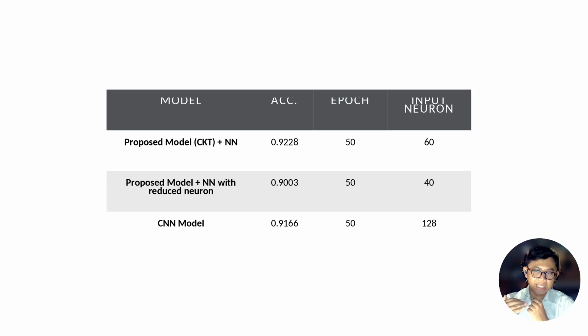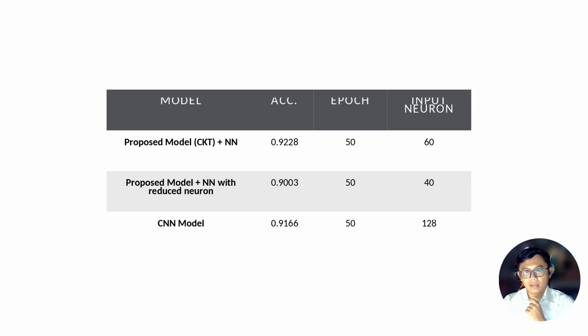This is very huge, twice our proposed model's input neurons, but we have accuracy around 91%. That's why our proposed model achieves higher accuracy than the CNN model.